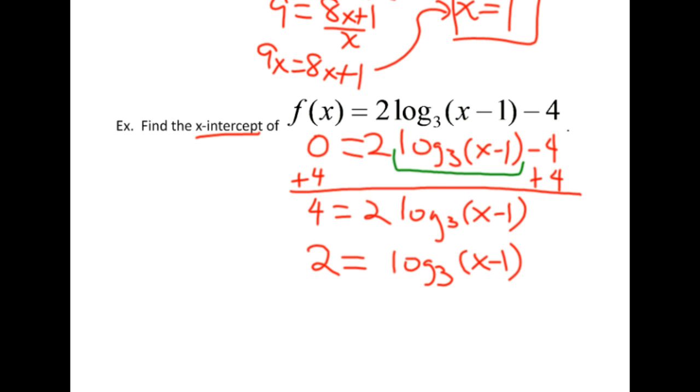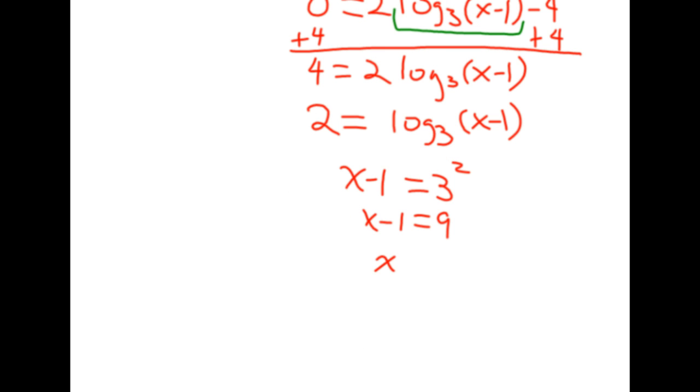And now I'm ready to write it in exponential form. In exponential form, this would say 3 squared equals x minus 1, simplifying the 3 squared, I get 9 equals x minus 1.